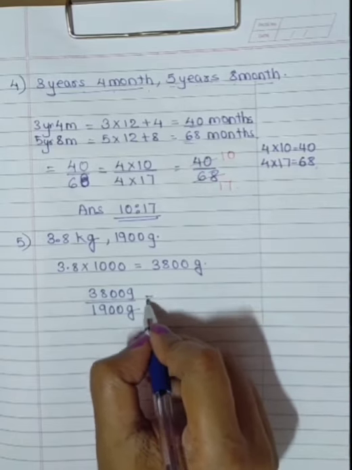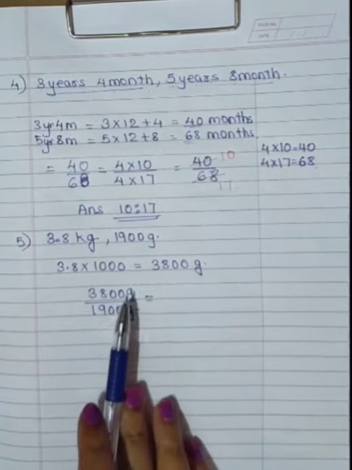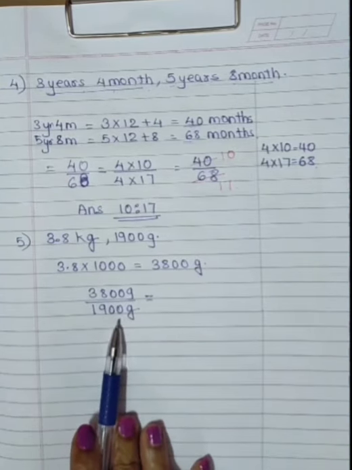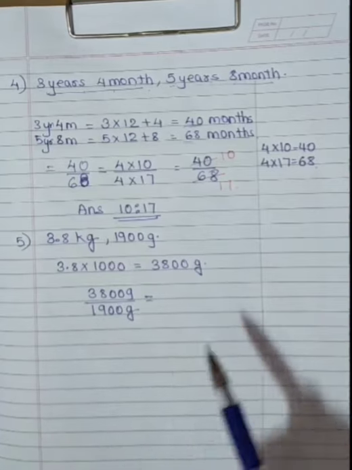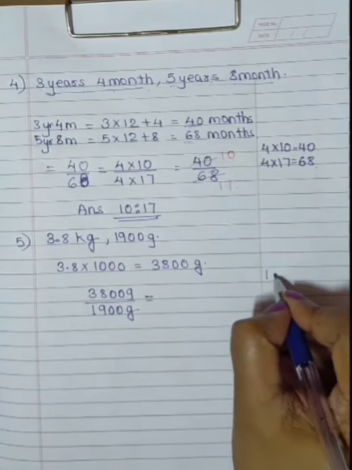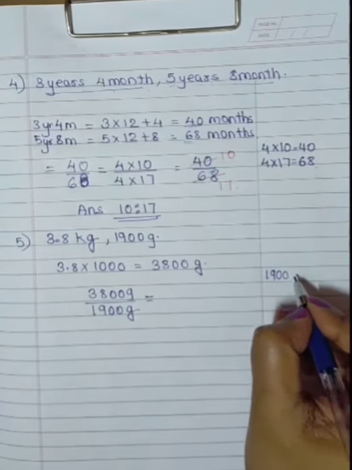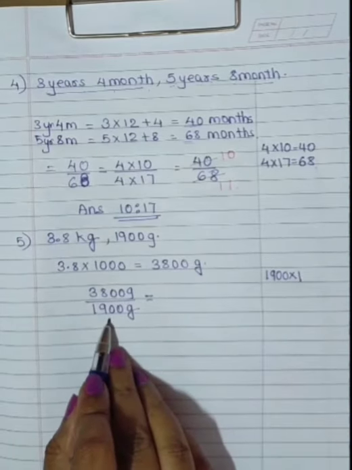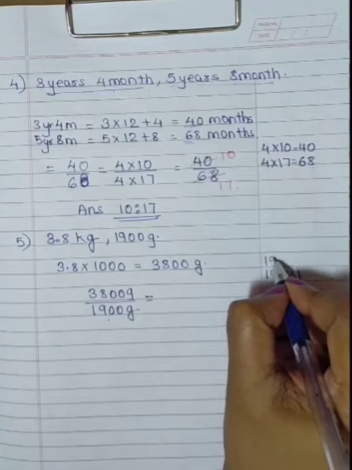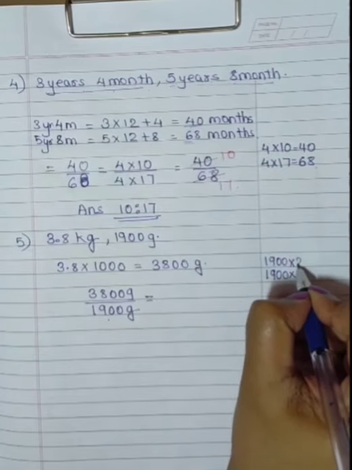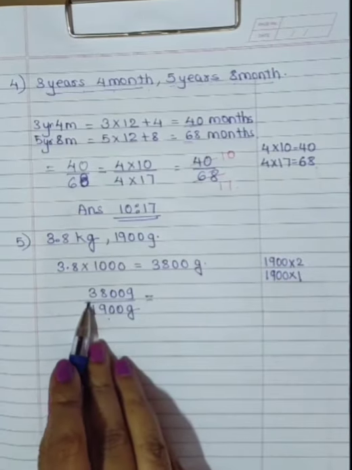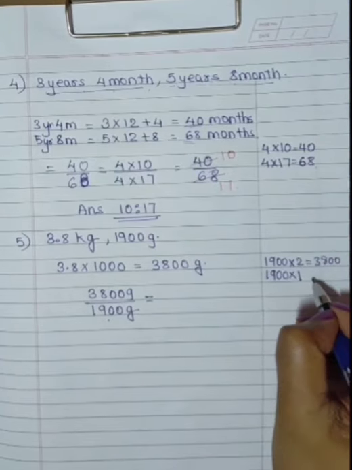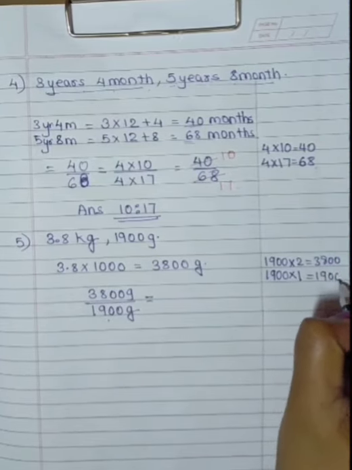I'm doing it directly. Now again we have to check whether these two numbers are coming in the same table or not. If you check this 1900, multiplied by 1 will get this. If 1900 gets multiplied by 2, we will get 3800. I hope you are understanding here.